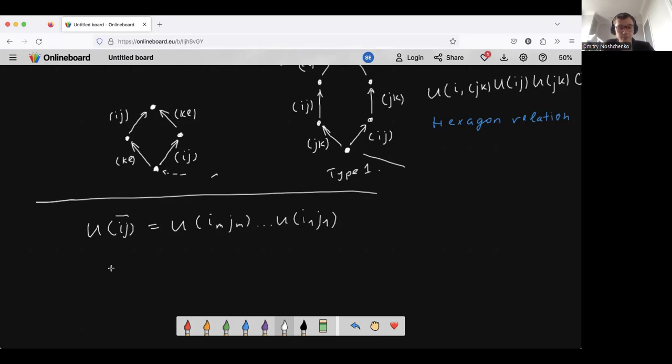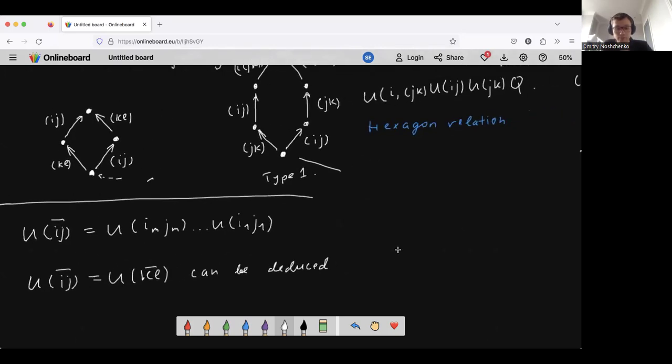So any relation of the form uij equals ukl can be deduced, or maybe let me state it a bit more precisely.